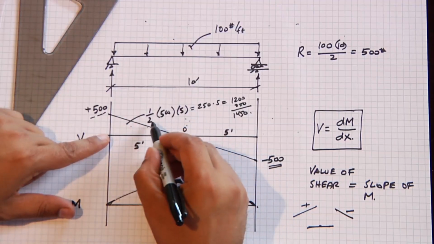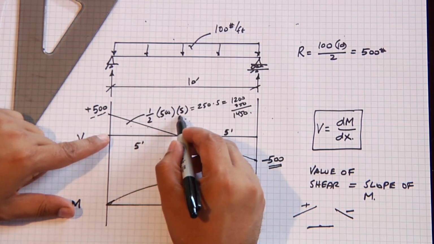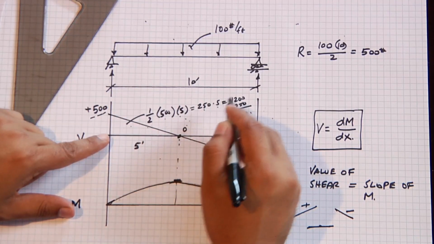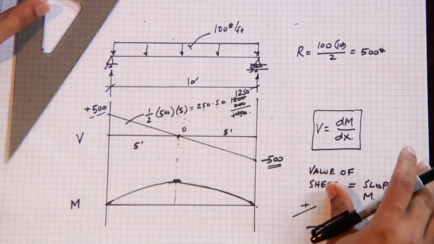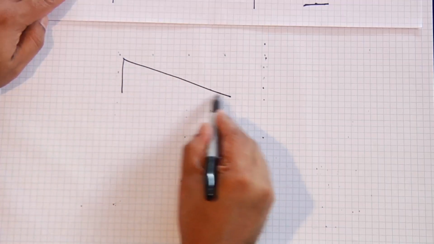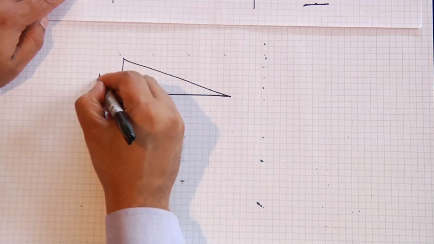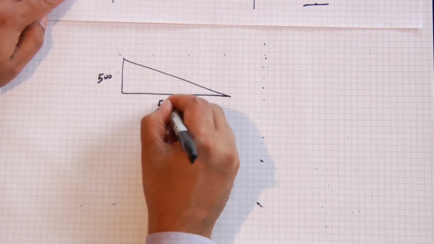Let's calculate the area under this triangle. It's 1/2 of 500 times 5, which is 5 times 250, which is 1250. Let's understand that. Very simple calculation. It's a triangle. This is 500. This is 5 feet.